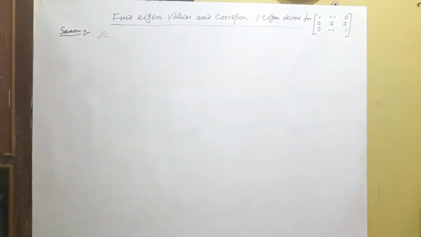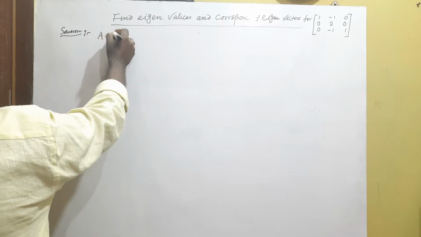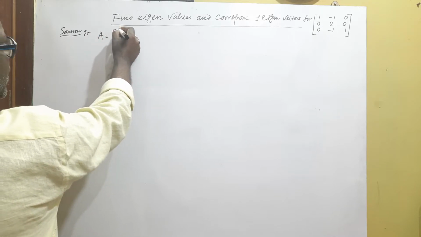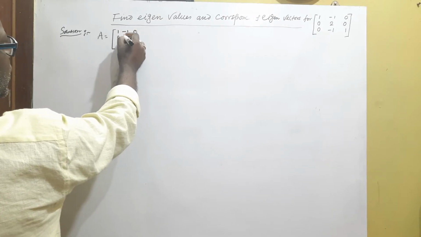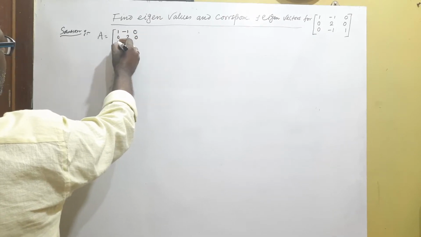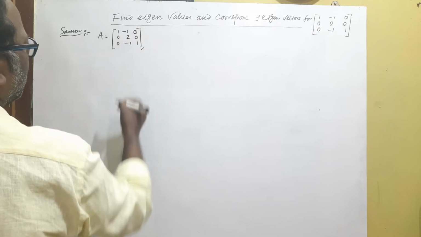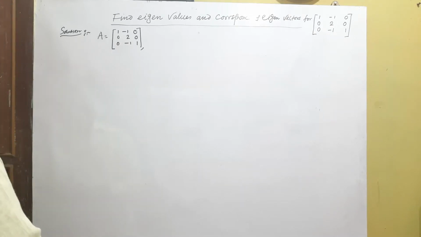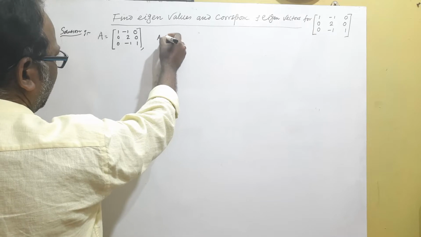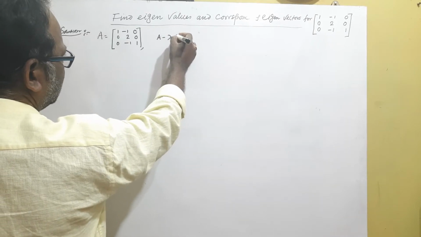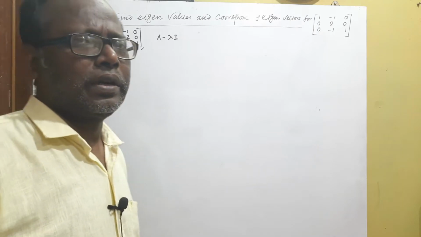So let us assume a matrix A, which is 1, -1, 0; 0, 2, 0; 0, -1, 1. Now first find the value of A minus lambda I, and mod of A minus lambda I equal to 0 is called the characteristic equation.